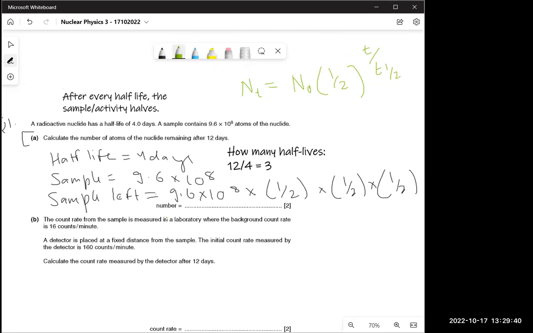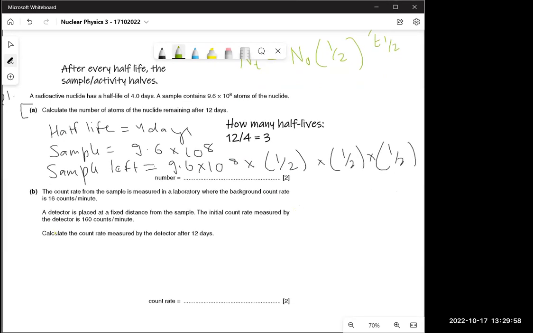So the half-life is 4 days. Above that it's given that a sample contains 9.6 × 10^8 atoms of the nuclide. So that's what the sample is.